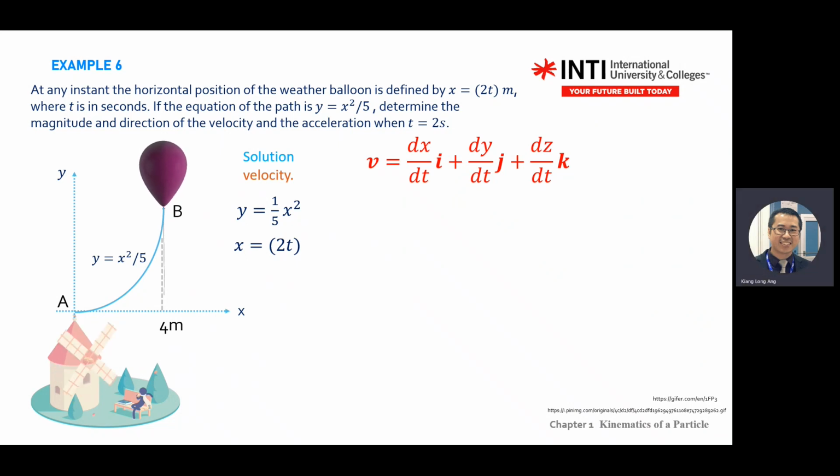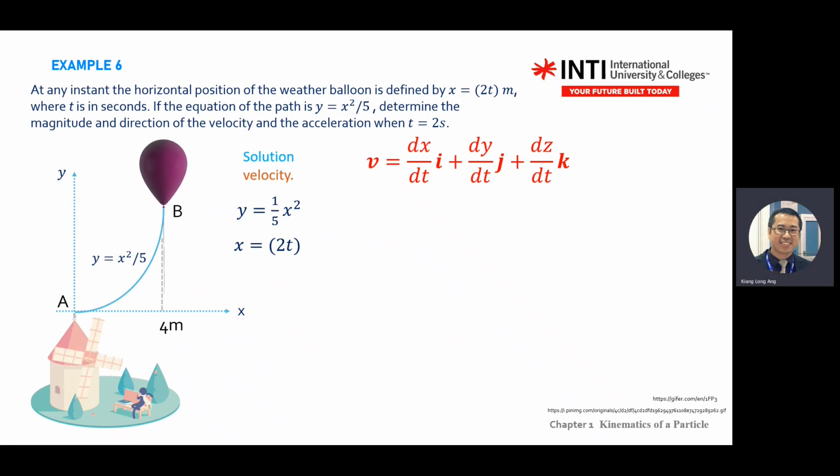Okay. Anyone? You need to pull your, this one, x, no t. But is there any t representing x? Yes. You need to substitute your x here. It is 2t here. 2t squared means 4t squared.